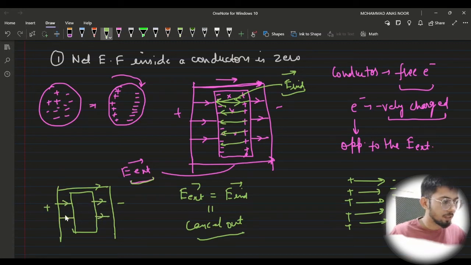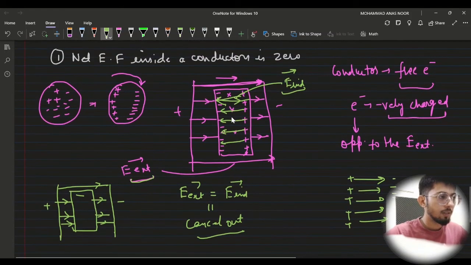Finally this happens because E external inside cancelled with E induced inside, and that's why we say that the electric field inside a conductor is zero. This is the first property.